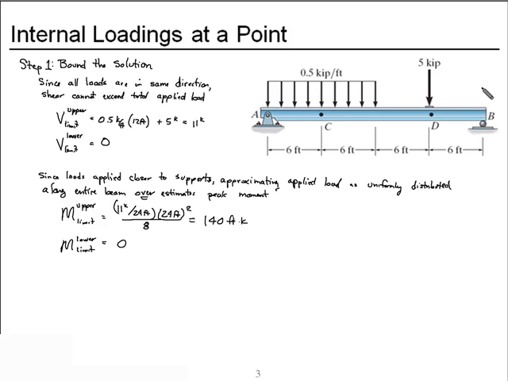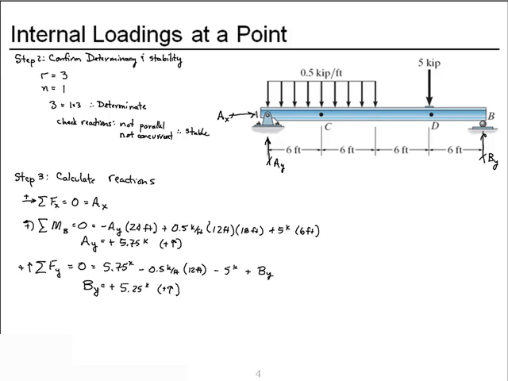Under those conditions, the peak moment is omega L squared over 8. And we know that taking the actual loads and distributing them uniformly across, which brings more load to the middle region, causes a higher peak moment in the middle region. So we know that our 140 foot kips would be an upper limit, because we're looking at points away from the middle region and because our real loads are farther away from the middle region.